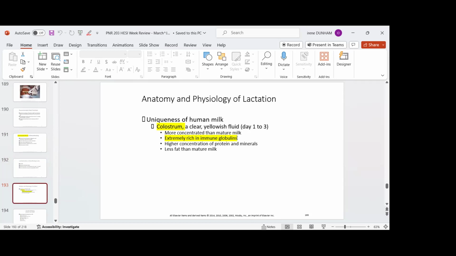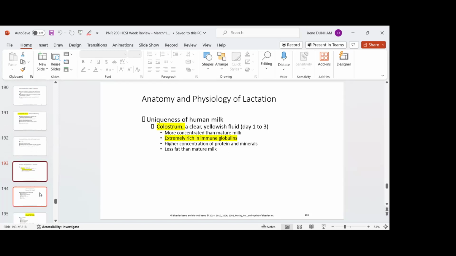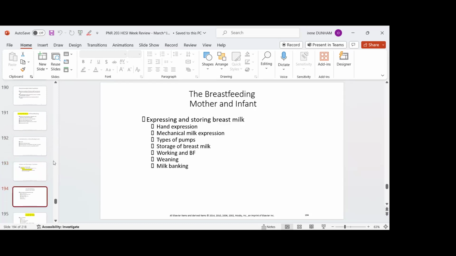So this way they get all these beautiful immune globulins through the breast milk, and that helps them fight off infections. Okay. And then again, breast milk has less fat. So what happens is that they don't spit up as much when they're breastfeeding like they do with formula, because they can digest it a lot better.